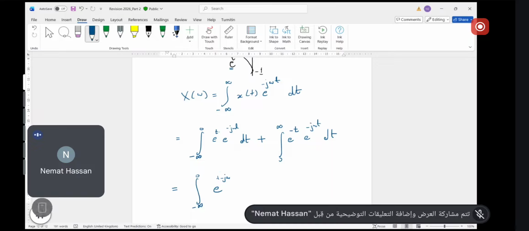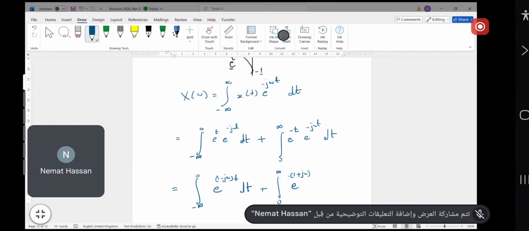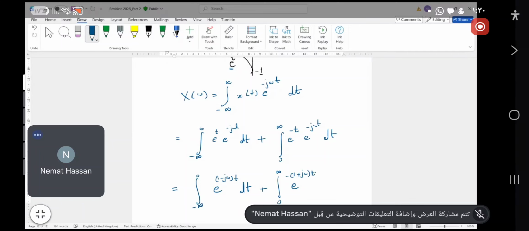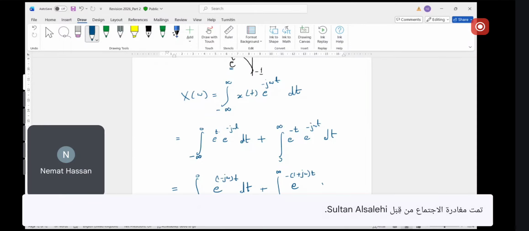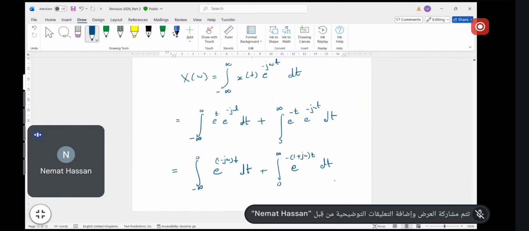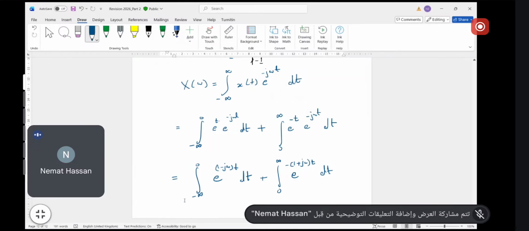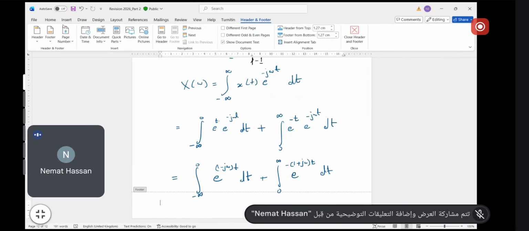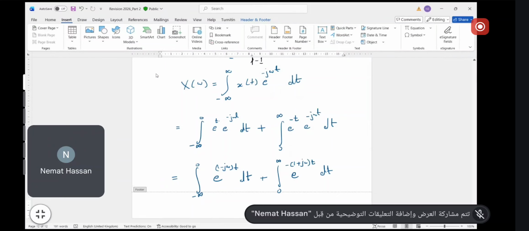So it becomes a single function, okay? Plus the integral from 0 to infinity of e power 1 plus j omega multiplied by negative t. Clear? So we just added the powers. Now it became a simple exponential function.